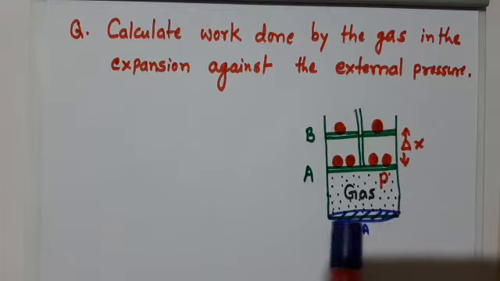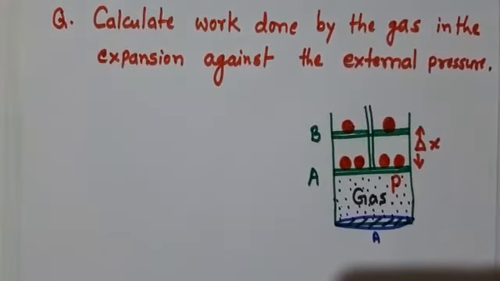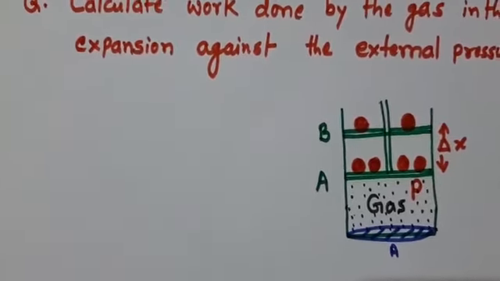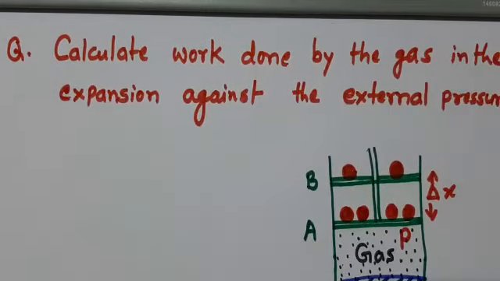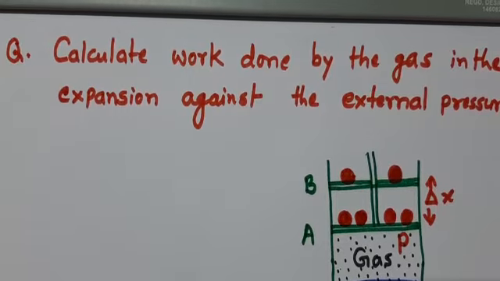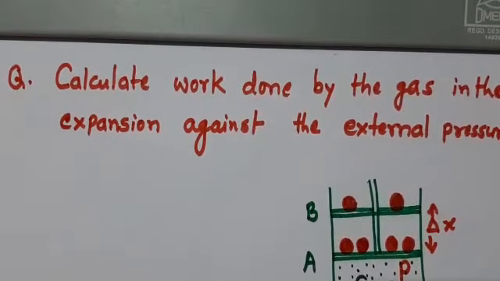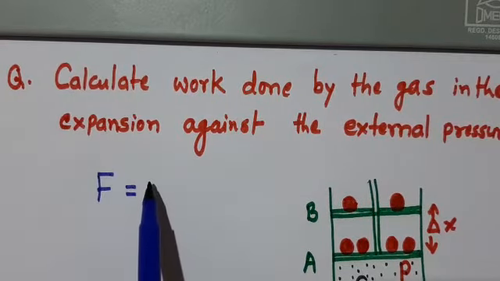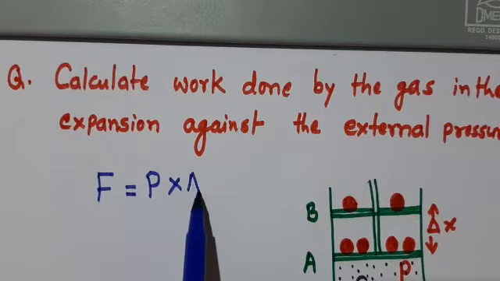The area of cross section of the cylinder is A. The force exerted by the piston on the gas is force equal to pressure into area.